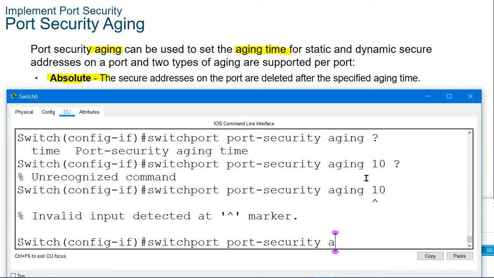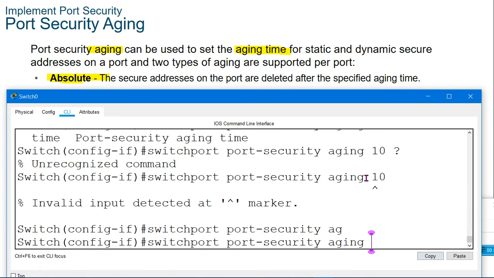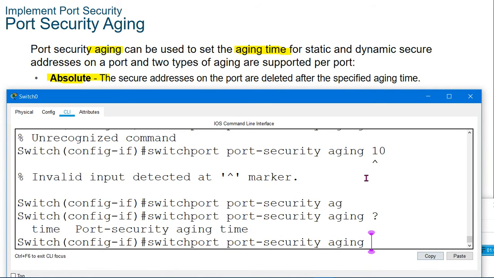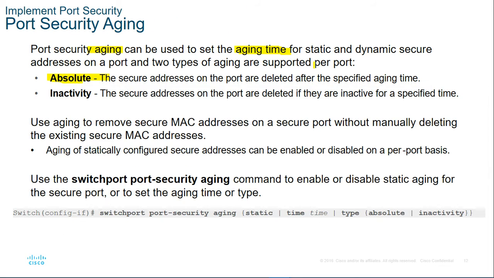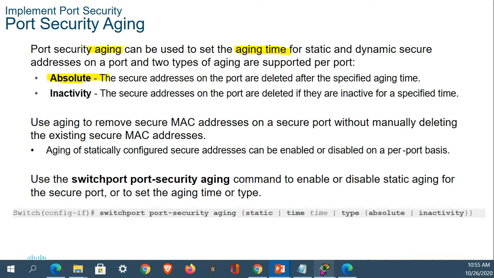Port security aging, then it is getting only the time. One minute. Let us first configure the aging. The static is time, and then you have to configure the type, but our switch is not supporting that.